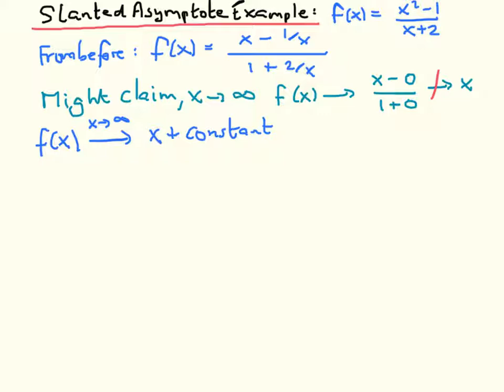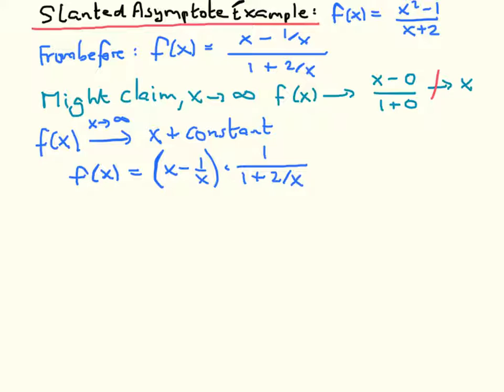So to do this, let's consider how we've written the function already and just rewrite it very slightly. So f of x is equal to x minus 1 over x, I'm just rewriting it slightly, all in brackets, multiplying 1 divided by 1 plus 2 over x.